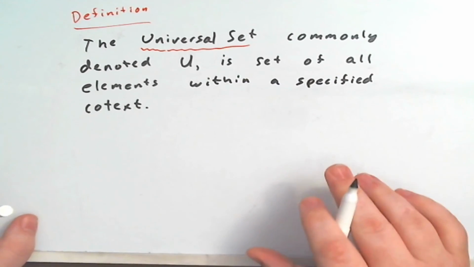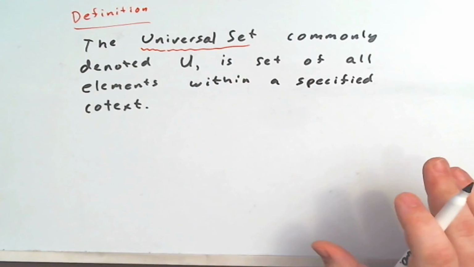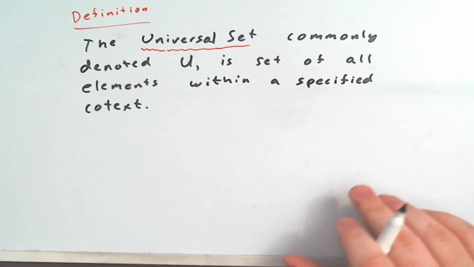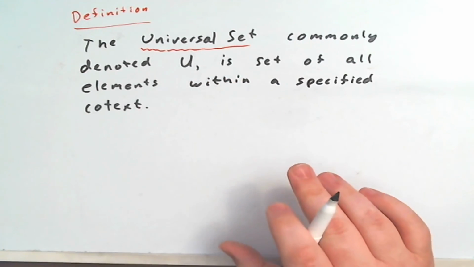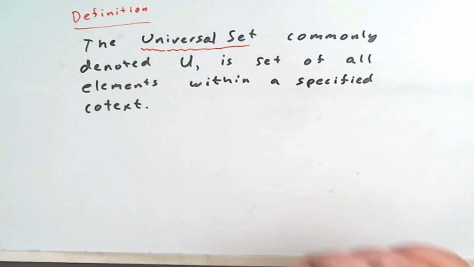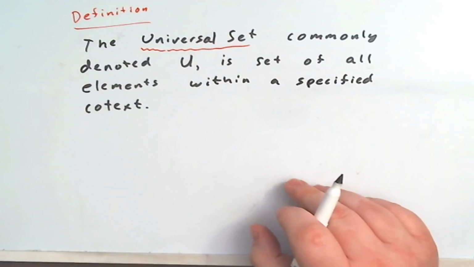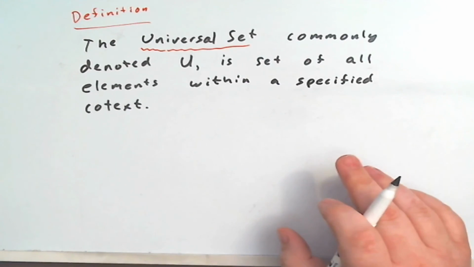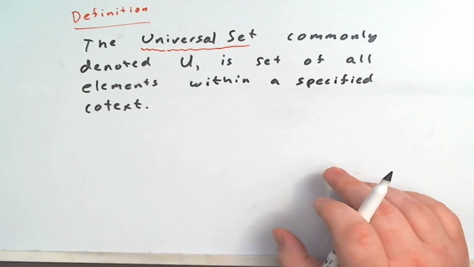Okay, now this is critical because the universal set is not a specific set. It depends on the context. For example, if we're talking about the ages of people in a room, right? Suppose we have some number of people in the room, we want to know what their ages are. So the universal set for that context would be the set of the ages of the people present, right? So we probably wouldn't see in the universal set numbers like 127. I mean, probably not very likely that we'll have someone in the room with the age of 127 years.